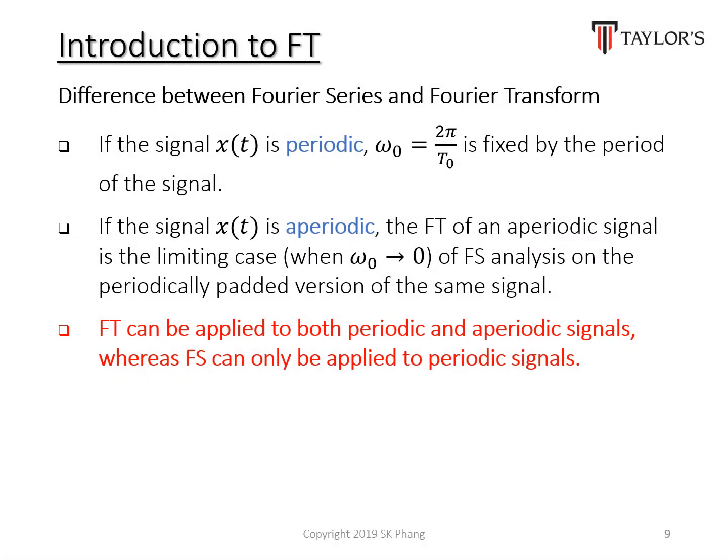From the last two slides, you can roughly make a small conclusion on the similarity. Rather than talk about the difference between Fourier series and Fourier transform, I would like to talk about the similarity. Let's say, for example, you have a time domain signal. This is just an example, it might not be accurate, but I show it as an illustration.